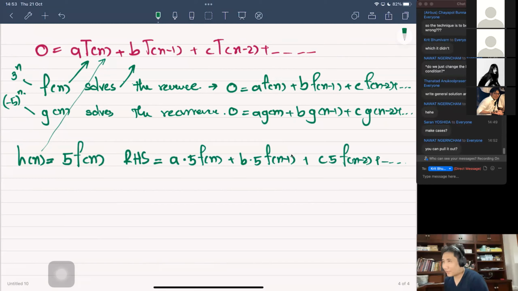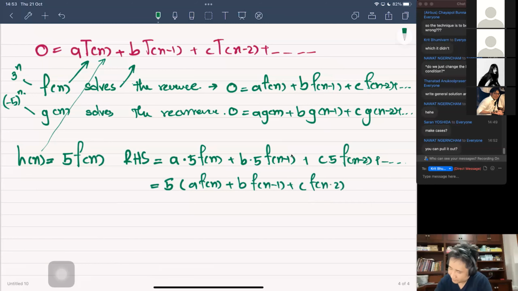And what's so tempting to do? You're going to pull out the 5. You're going to have 5 and then a f of n plus b f of n minus 1 plus c f of n minus 2, and so on. Okay, so far so good.